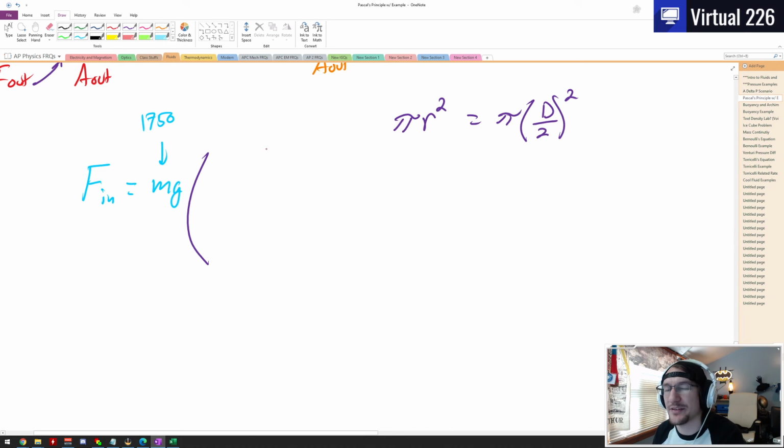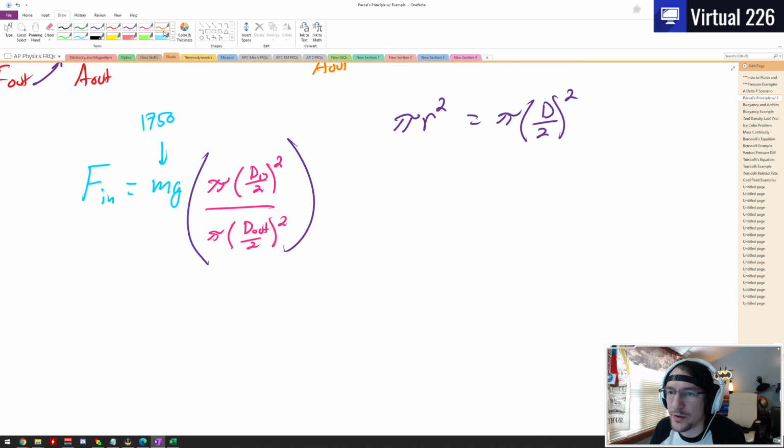And the cool thing about this is I really don't have to. If I write this out, pi times d in over 2 squared over pi times d out over 2 squared, what I quickly see is that the pi's have just divided out, which is wonderful.